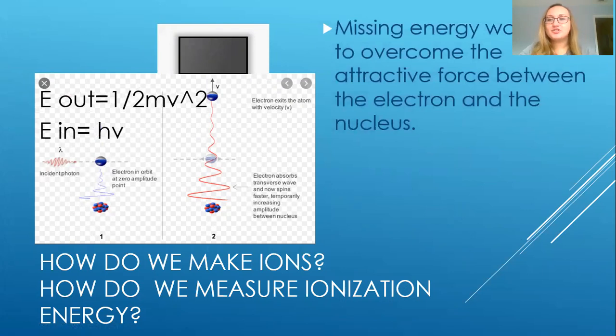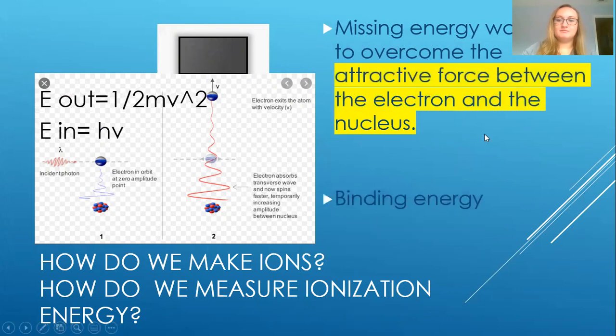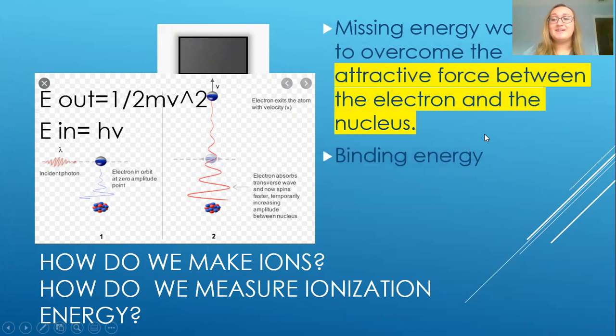The missing energy was used to overcome the attractive force between the electron and the nucleus. We call this the binding energy, or the energy that binds the electron to the nucleus. So our energy that we put in was used to eject an electron at a certain velocity, but before it could do that, it had to overcome the binding energy.